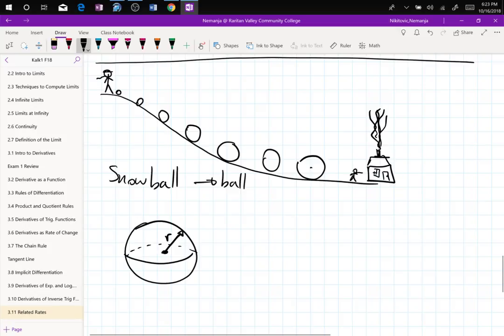Generally in Calc 3 they call it rho, but whatever. So we have a radius r. We have the formula which connects the volume. Does anyone know? Very good. Well, it's the formula. You were right.